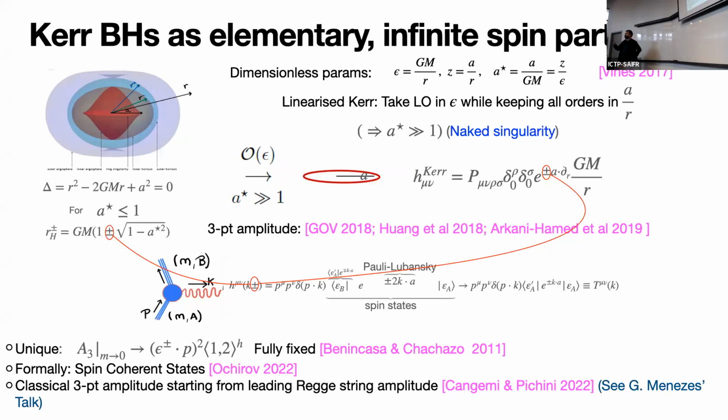It's like an exponential up to fourth order in the multipole expansion, but then beyond fourth order, this amplitude starts to show some string contribution. So it's not exactly the Kerr amplitude, but it looks very similar. And probably we're going to be hearing a little bit more about this in Gabriel's talk.